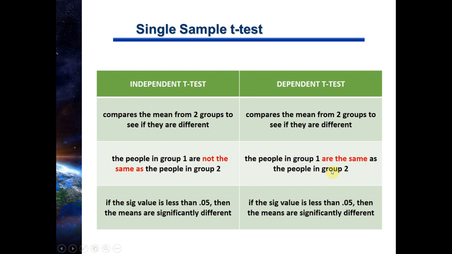Now, I did throw in a little bit of a surprise last time, and I said it is possible for the people here to be different from the people here. In other words, you might have Peter, Paul, and Mary here, Tom, Dick, and Harry there, and yet it's still a dependent t-test.